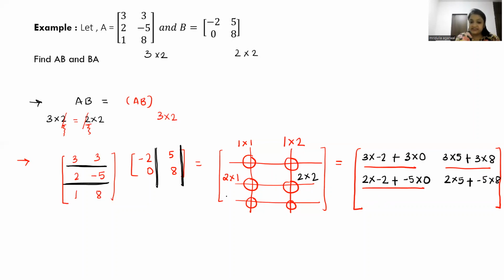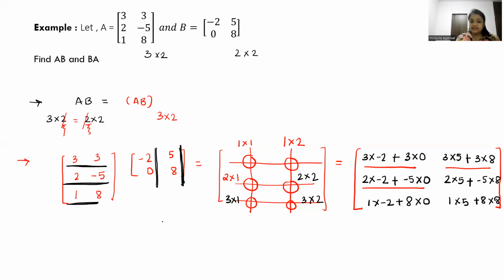Then this entry, third row, first column: 1 into -2 plus 8 into 0. And this, third row, second column: 1 into 5 plus 8 into 8.